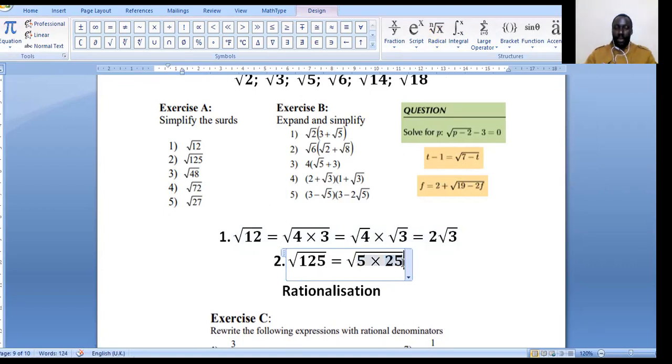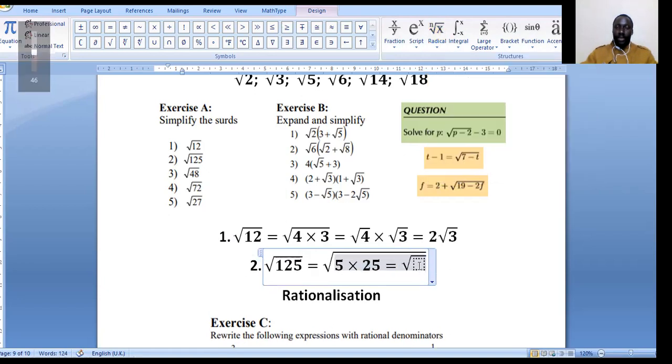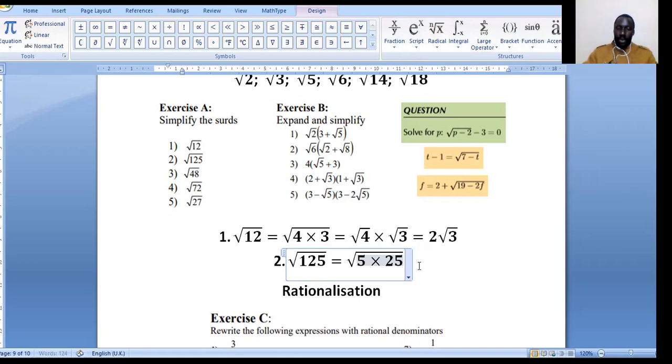Of 5. And so we can break this down into the square root of 5 and the square root of 25.